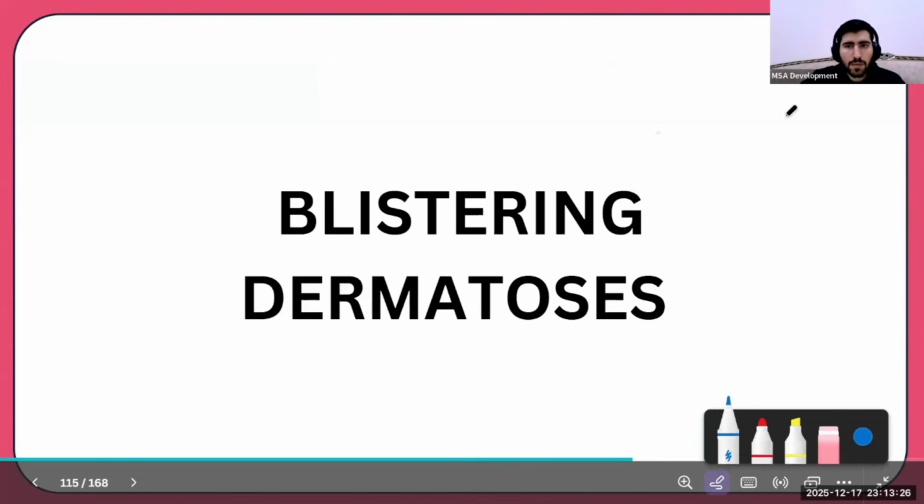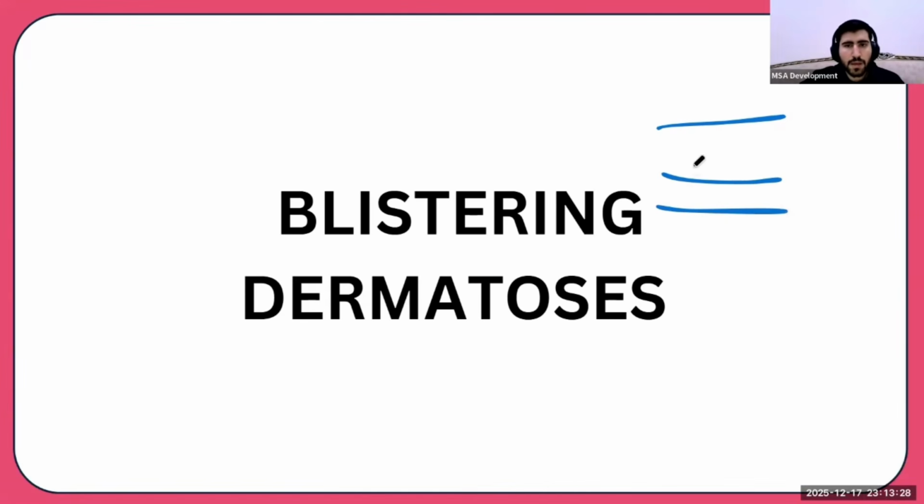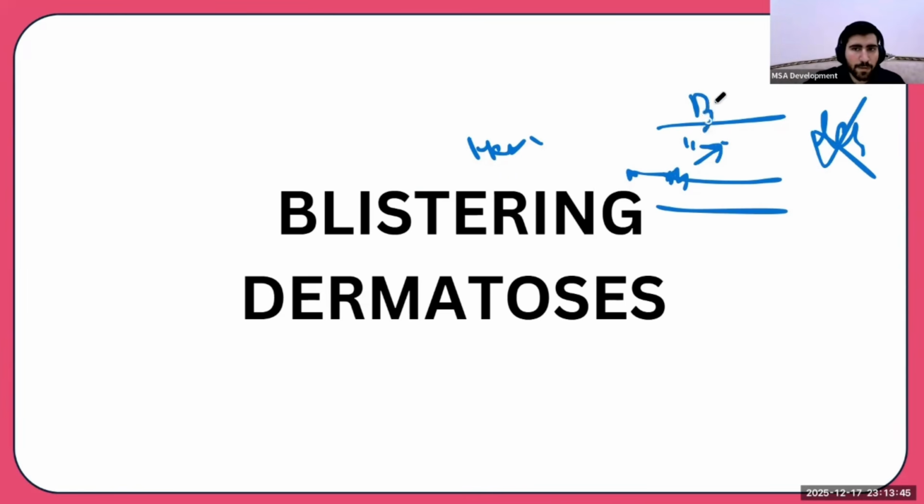Okay, so as we said, we have epidermis and then dermis. The epidermis cells are connected with each other by desmosomes. The epidermis and dermis are connected by hemidesmosomes. If I damage the desmosomes, the epidermis cells will separate from each other and fluid will accumulate and cause blister formation. This blister is very weak because it has only half of the layers.